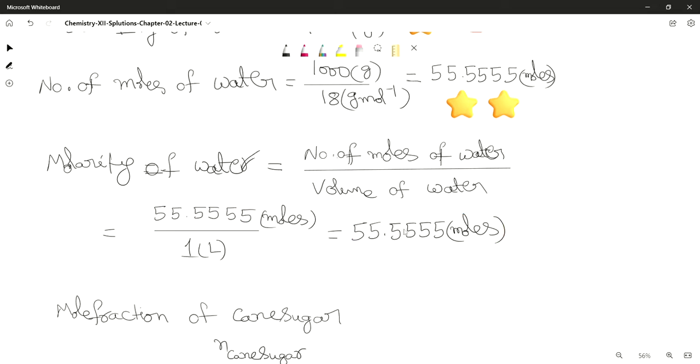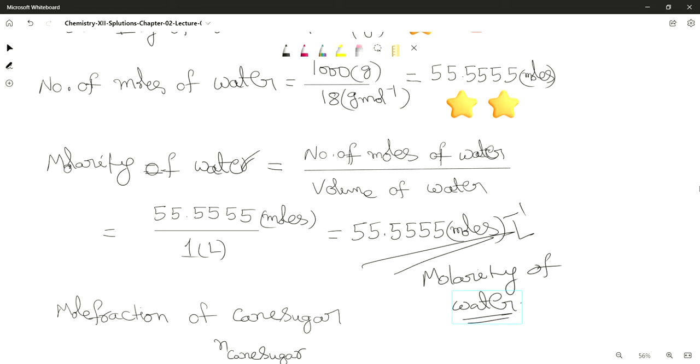The unit is moles per liter, mole liter inverse. So this can also be a question, the molarity of water, which you have to remember.